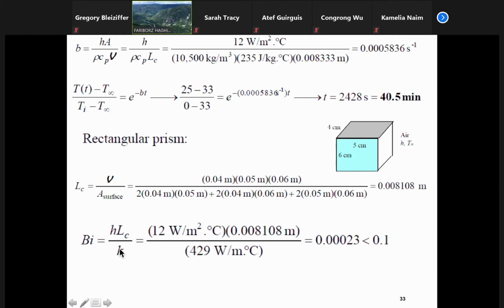Lc over k is the resistance to conduction. Therefore, if the resistance to convection is high, this number becomes less. The heat transfer comes from the air to the surface of the material, one resistance, convection, and then from the surface of the material to the center.